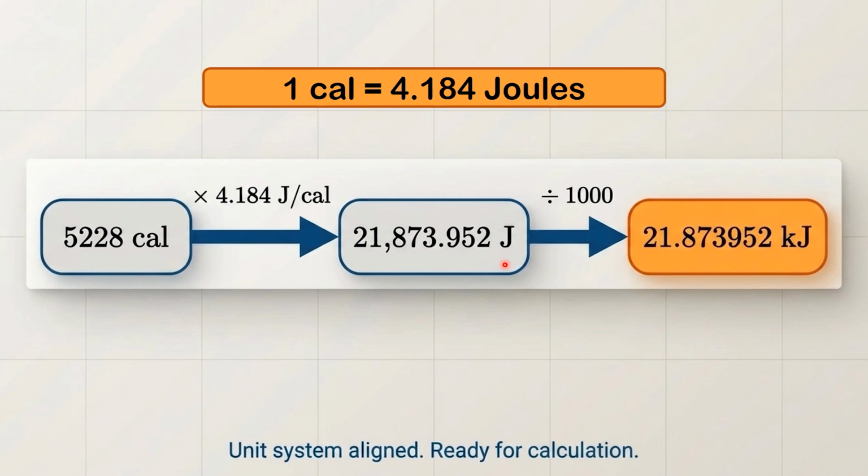But we are still not finished because the problem asks for the answer in kilojoules, not joules. Since 1 kilojoule equals 1,000 joules, we divide this value by 1,000. That gives 21.873952 kilojoules. Now our heat value is in the correct unit system, so we can continue safely with the calculation.